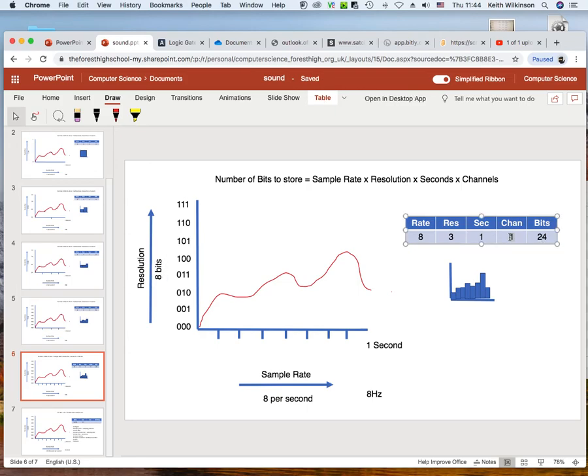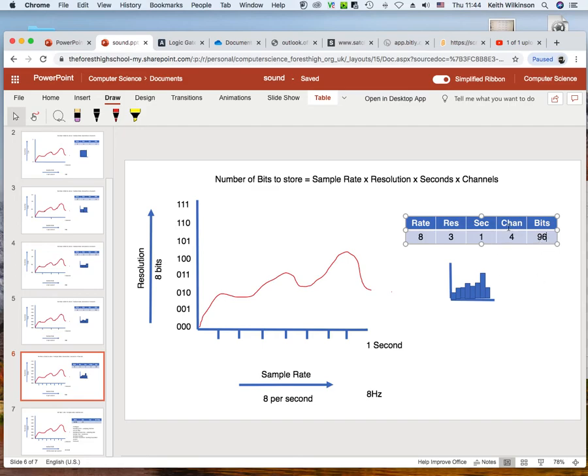If I wanted it to be stereo, so I've got 2 channels, that would become 48 bits. If I was using 4 channels, perhaps I was trying to record sound from 4 different instruments, then I would require 96 bits to do the same thing.